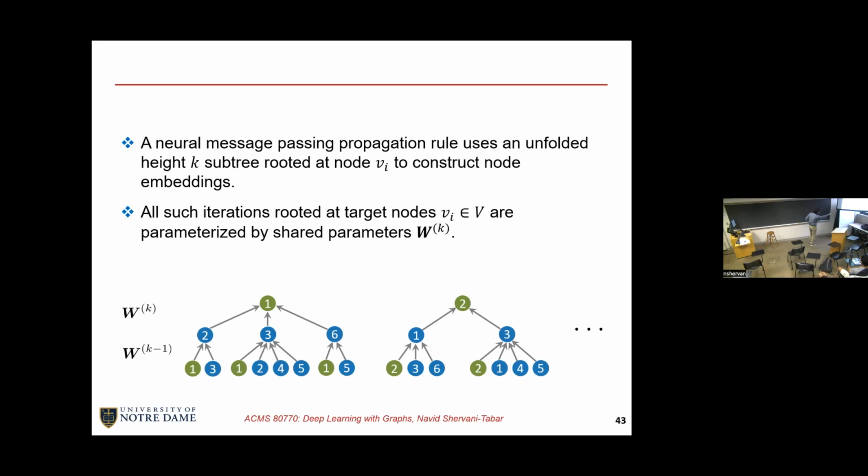So I can continue that, right? I can correspond these weights to different iterations. Different iterations have different weights. And I'm sharing these with all the nodes that I have, right? So this time, instead of directly learning model parameters for each individual node, I have an algorithm which is using the same set of weights over all the nodes that I have, and I'm sharing it throughout this graph.